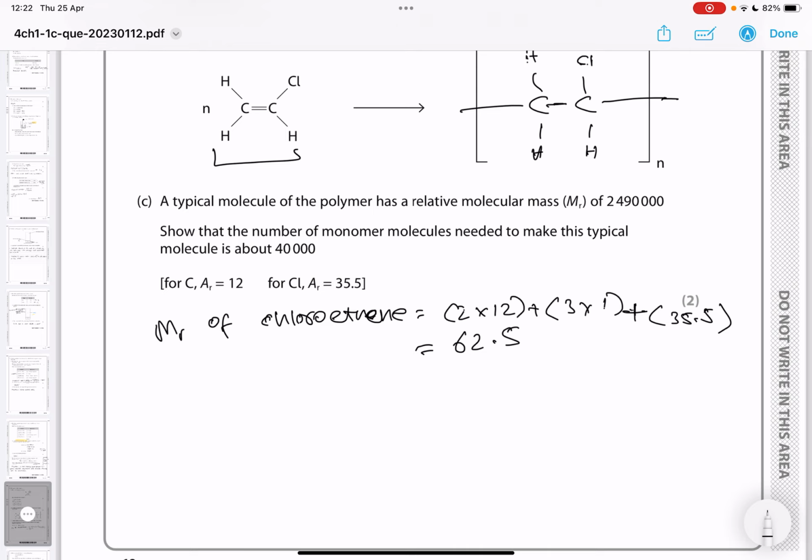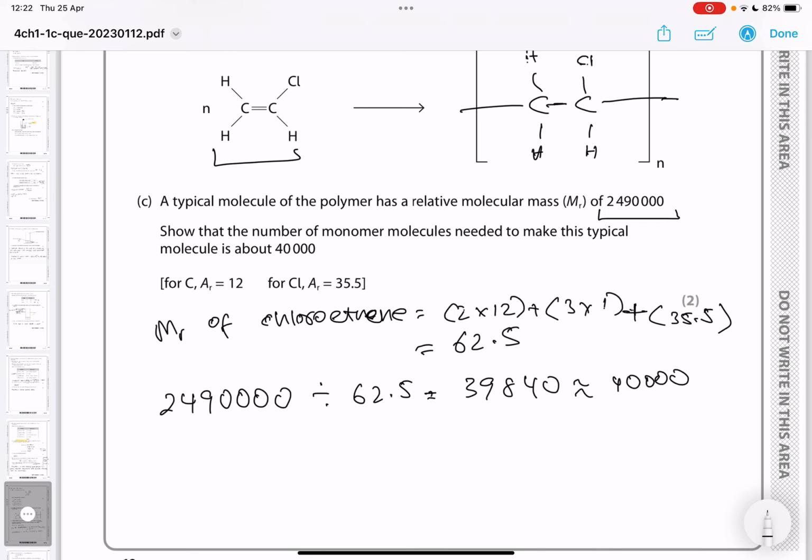Okay, so the Mr of one chloroethene molecule is 62.5. Now, the whole polymer itself has an Mr of 2,490,000. So if you divide 2,490,000 by 62.5, you'll get the number of monomer molecules in that polymer. And that will give you an answer of 39,840, which is approximately 40,000. Okay?